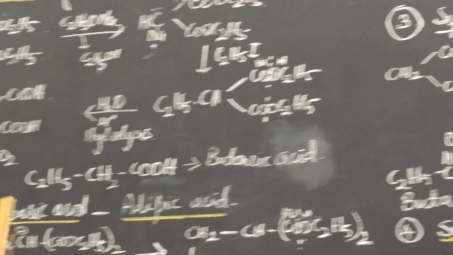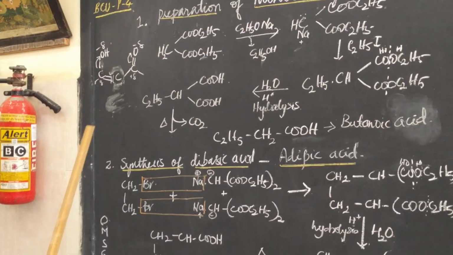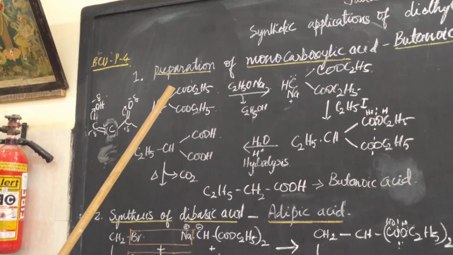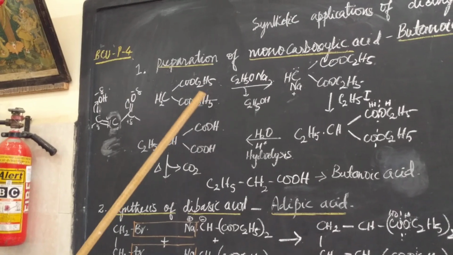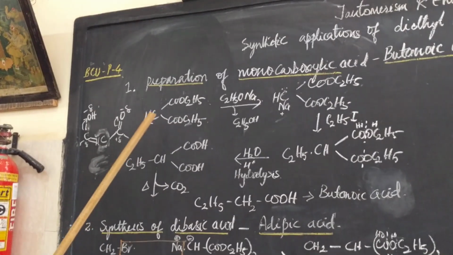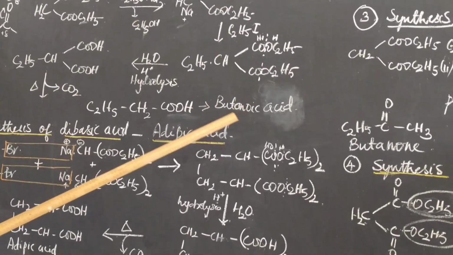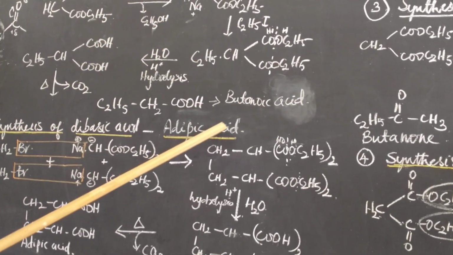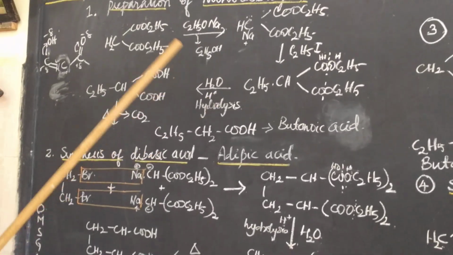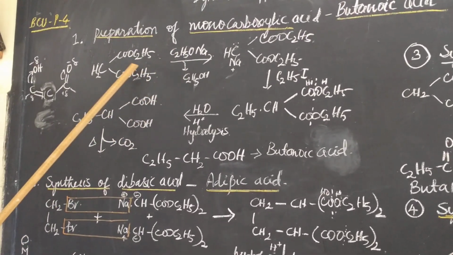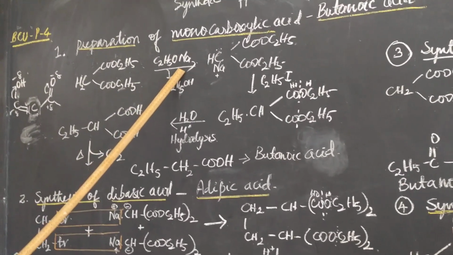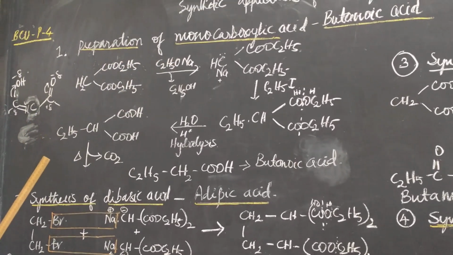So let's start. Now coming back to how we are converting this diethyl malonate to our desired product, that is butanoic acid, that is a monocarboxylic acid. There is only one carboxyl group, therefore how do I get it? So first I reacted with sodium ethoxide. You know that this is polarized.